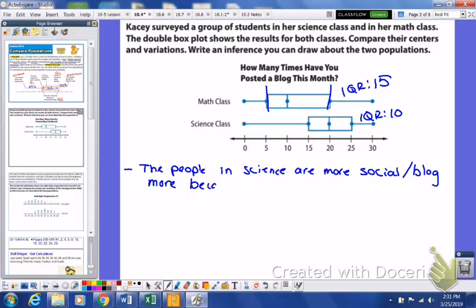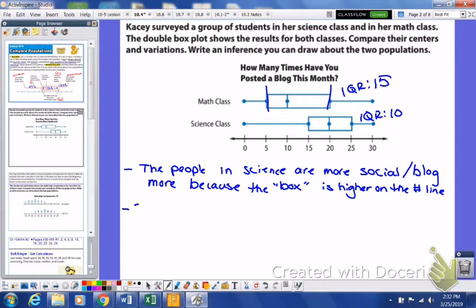And we can say that because the box part, so that IQR, is higher on the number line. So that's one inference we can make. Overall, the science class is more social, or they blog more often.